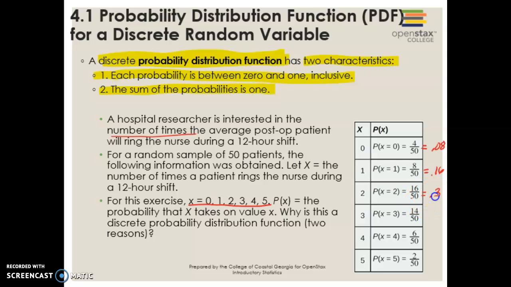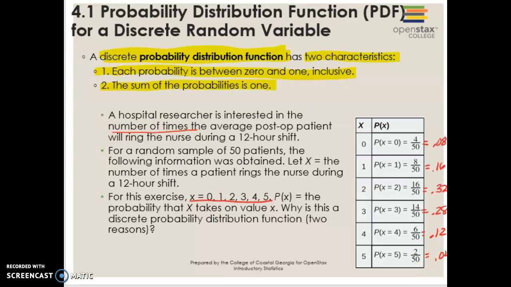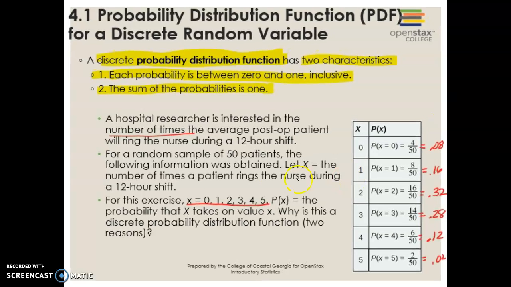That's 32%, 28%, 12%, and 4%. So all of these are between 0 and 1. And if I add them up, 0.08 and 0.16 is 0.24.